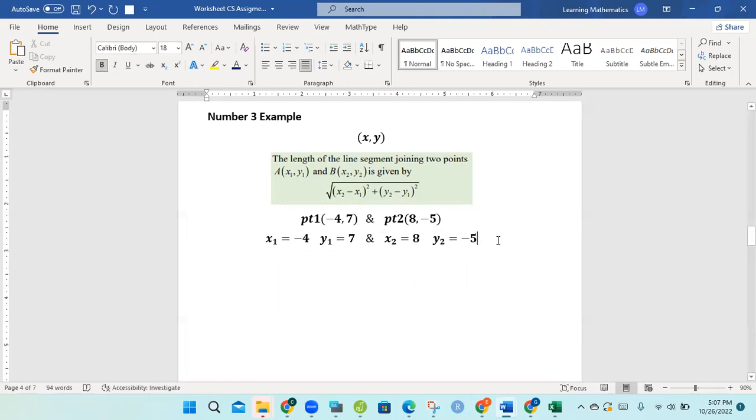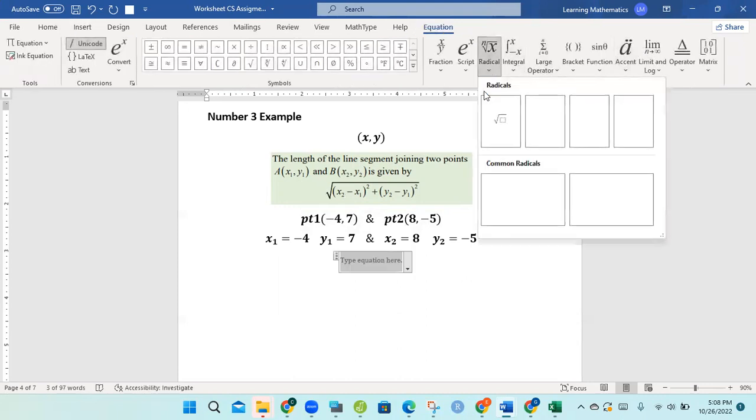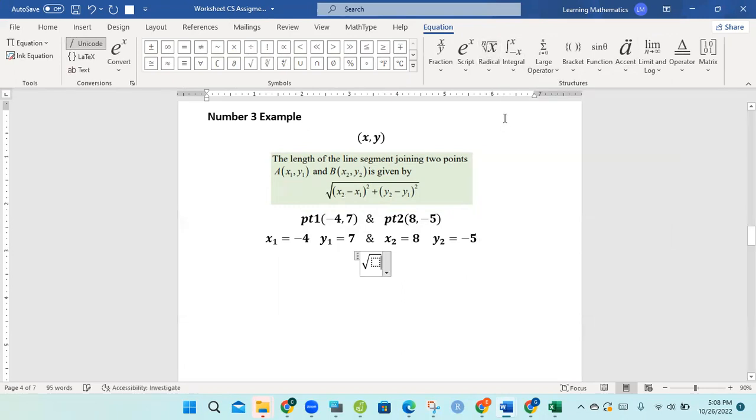So now we are ready to substitute into this formula. As you can see, this formula is a little bit more difficult than the midpoint formula. So let's take our time with it. Now you can see that we have a square root sign to deal with. So we insert our square root sign, and then we have a bracket raised to the power of 2 plus another bracket raised to the power of 2.